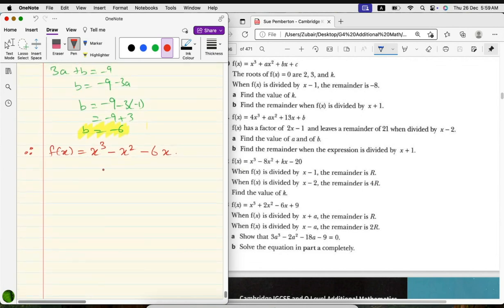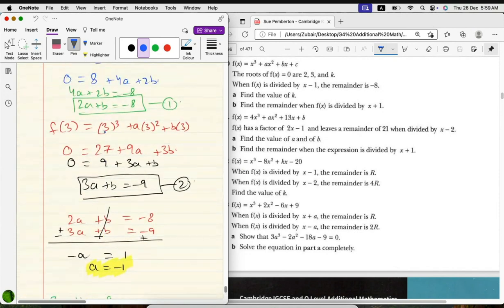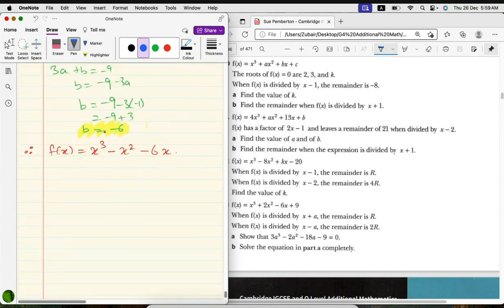Are we getting the same? x cube minus x square minus 6x. Oh, I was looking at what you were doing because I was confused with the question, but I understand what you did. Okay. So now it is also given that the root is k.